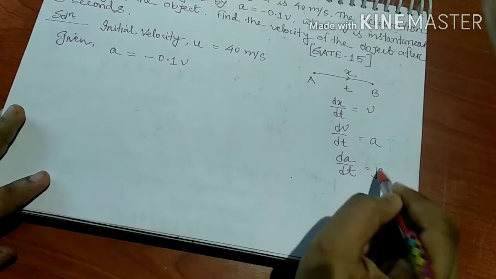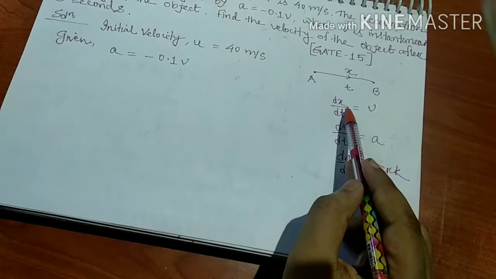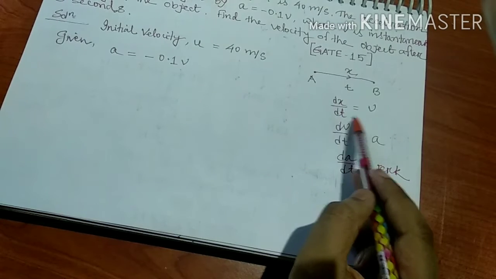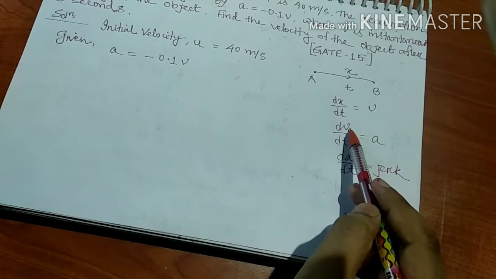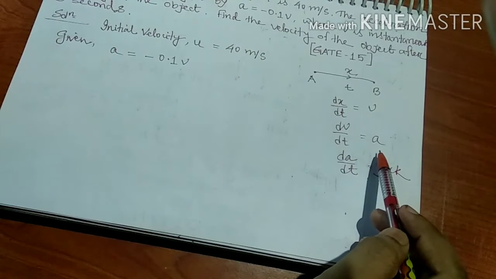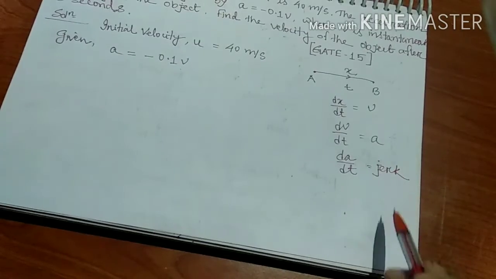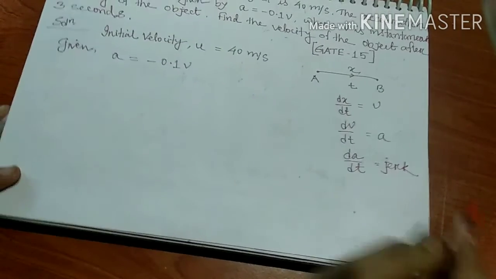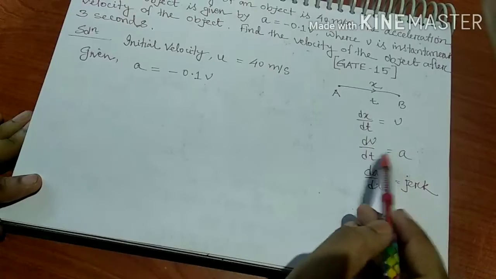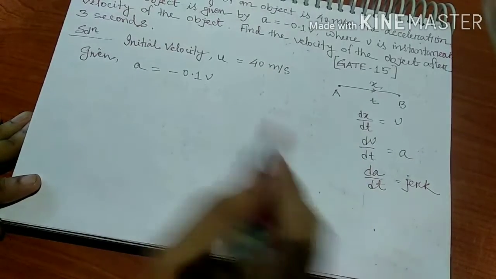It is simply jerk. So rate of change of position with respect to time is velocity. Rate of change of velocity with respect to time is acceleration, and rate of change of acceleration with respect to time is called jerk. So I will replace this acceleration by dv by dt.